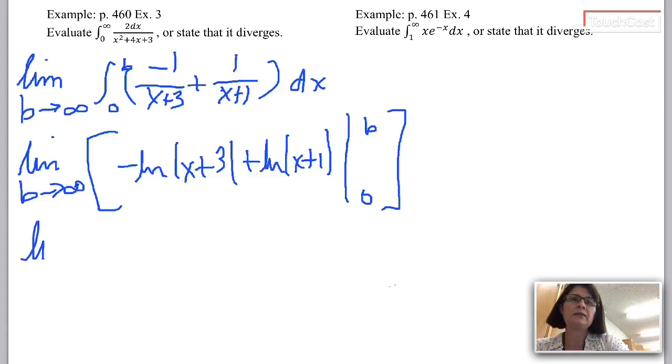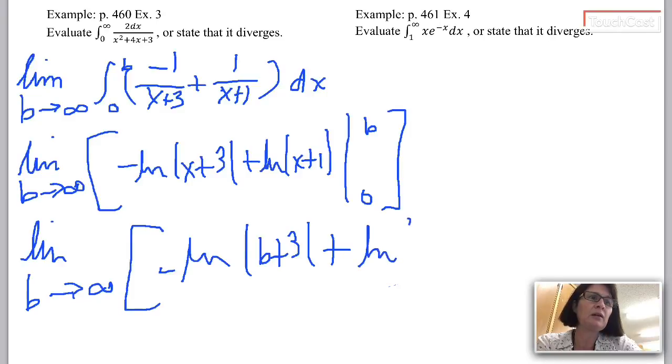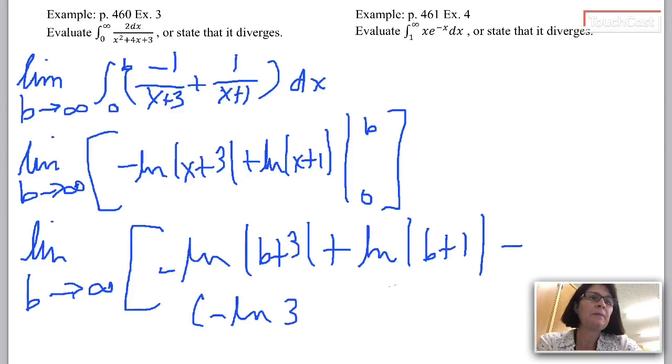It's going to be the limit as b goes to infinity of, a couple ways we could go from here, negative natural log of b plus 3 plus natural log of b plus 1. Again, I don't need those bars. Minus negative natural log of 3 plus natural log of 1.